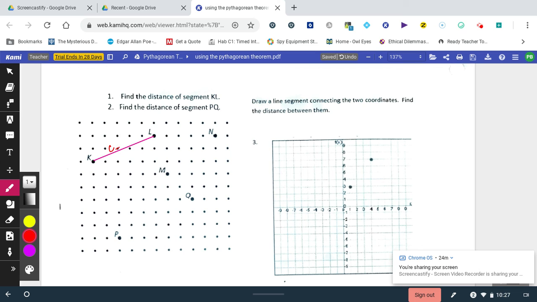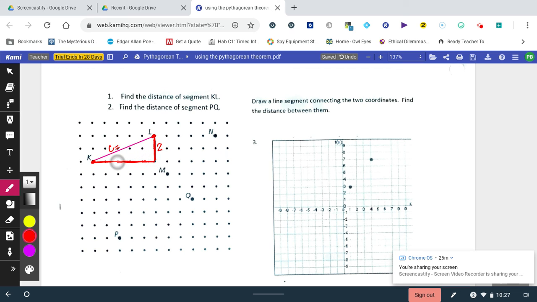Go from dot to dot, okay? All right, so that you can go from this end of the hypotenuse to this end of the hypotenuse. Drawing your right triangle. So this is a unit of 2, and this is a unit of 1, 2, 3, 4, 5.